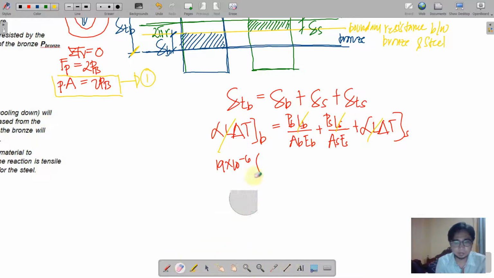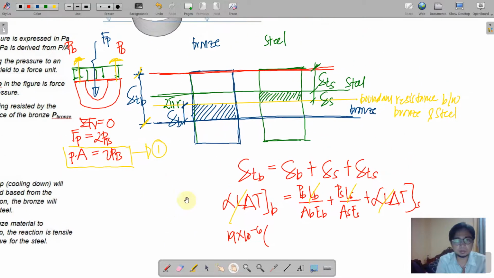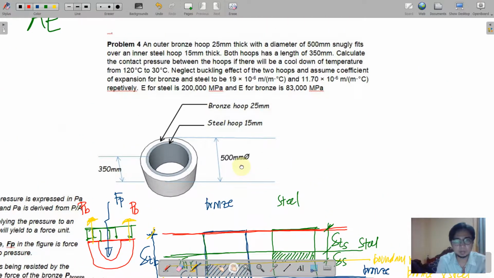And then delta T, the final temperature, is equal to how much? 120 to 30 degrees Celsius.